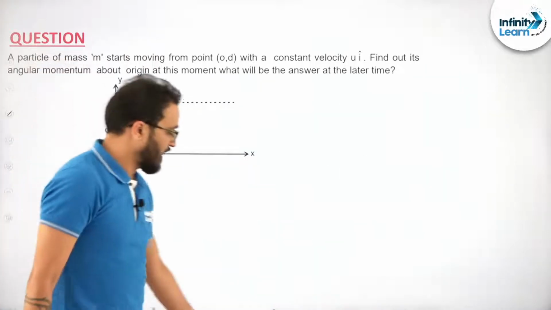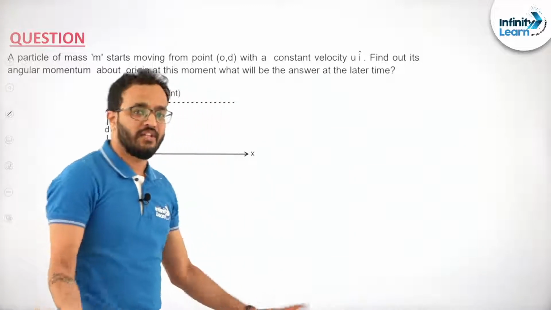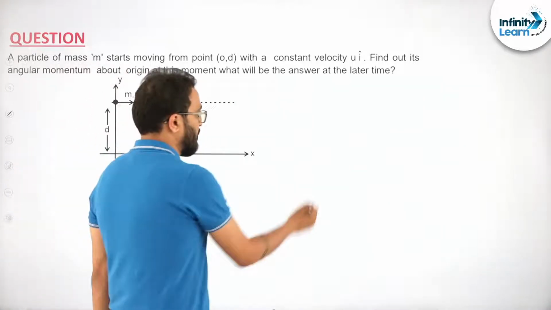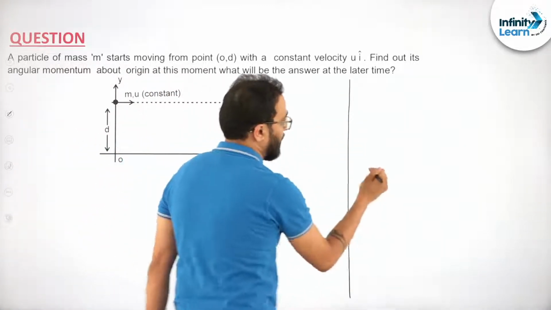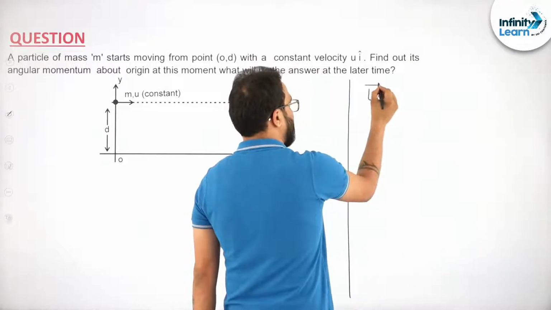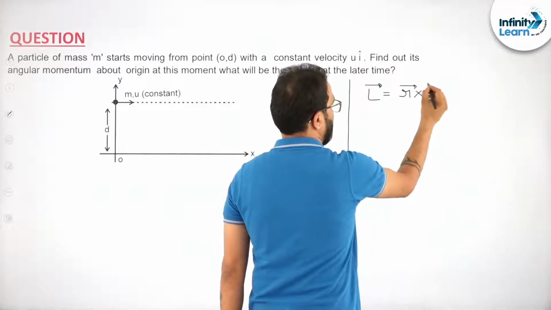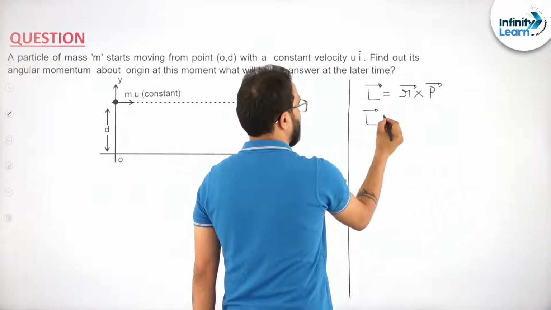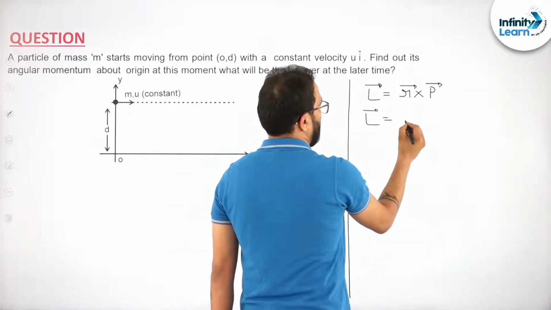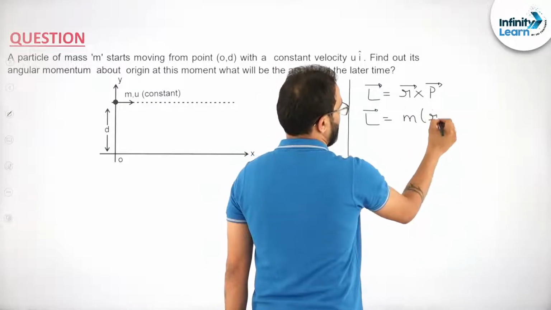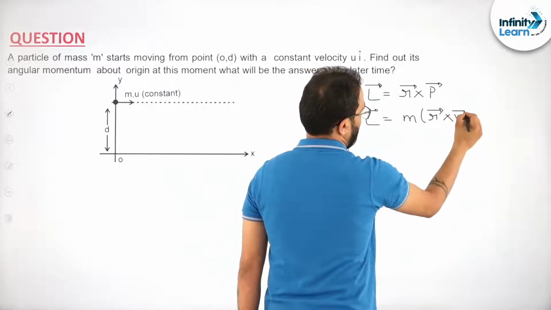So how do you find out the direction? The finding of direction is very simple. Now one more thing, students, before I solve this question: when I say vector L is vector r cross vector p, then you will say, sir, it is nothing but m times r cross v.